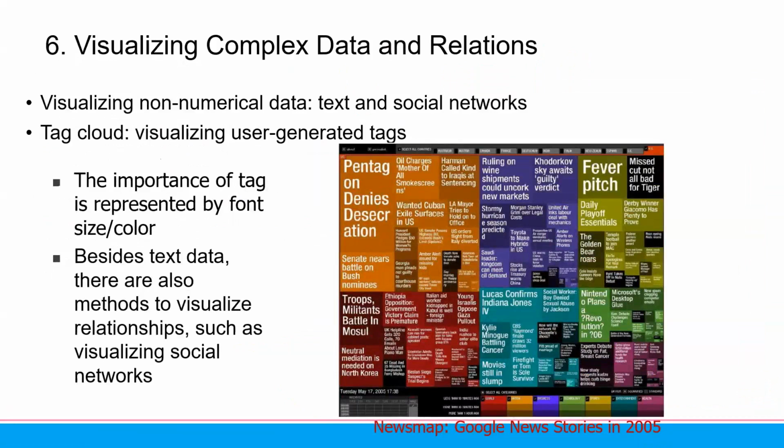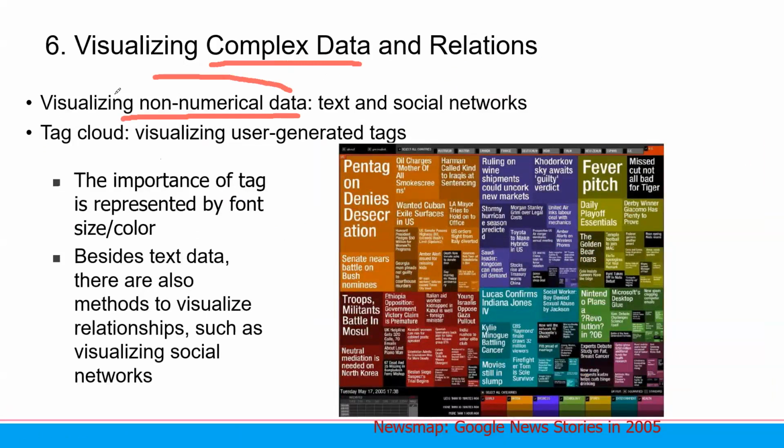When we are dealing with complex data and we want to see some of the relations, we can also use the same visualization. In this case, we are dealing with non-numerical data, which is complex.